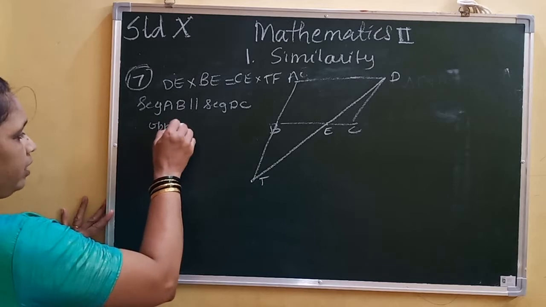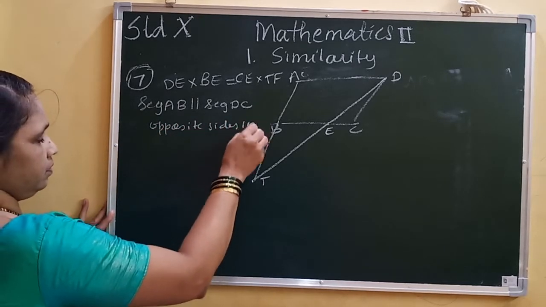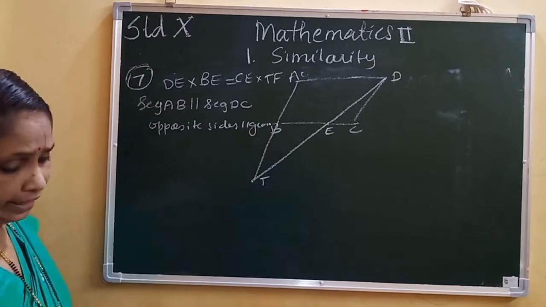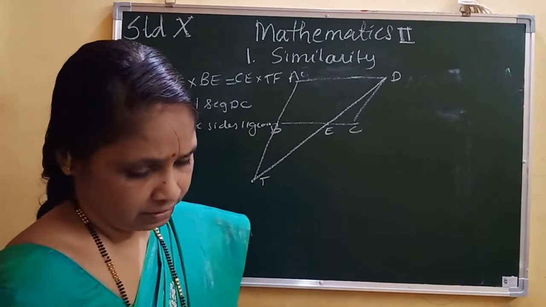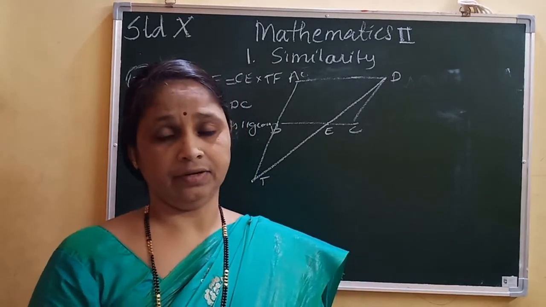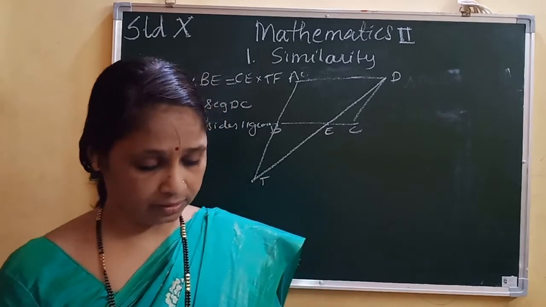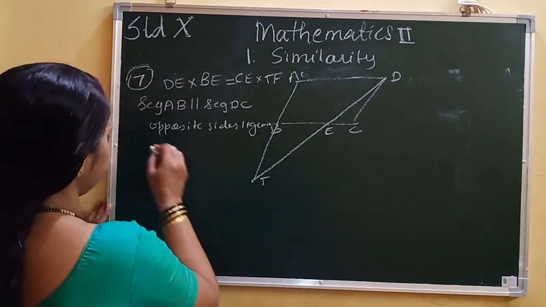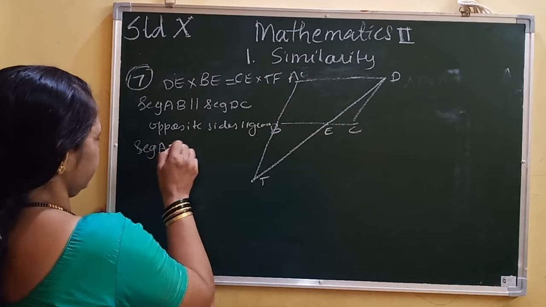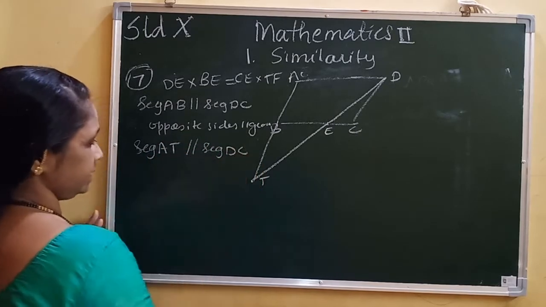Opposite sides of a parallelogram. Okay. Then line AT also will be parallel to DC. So segment AT will be parallel to segment DC.